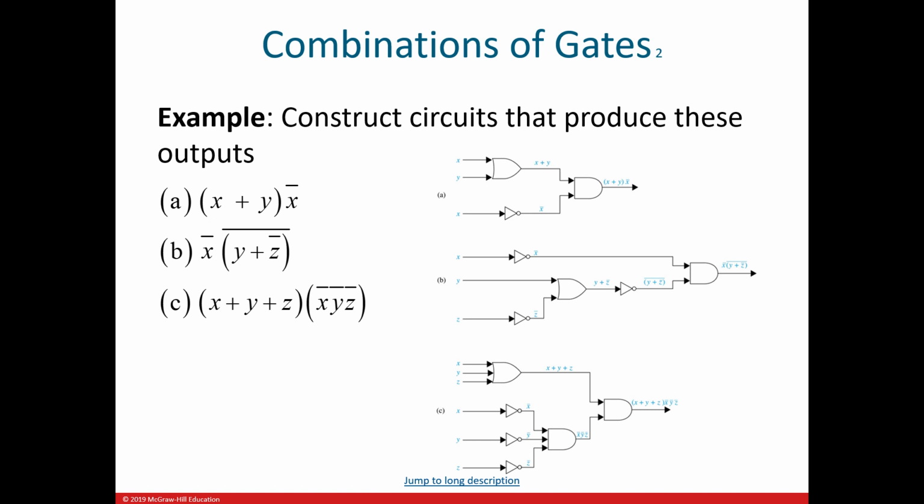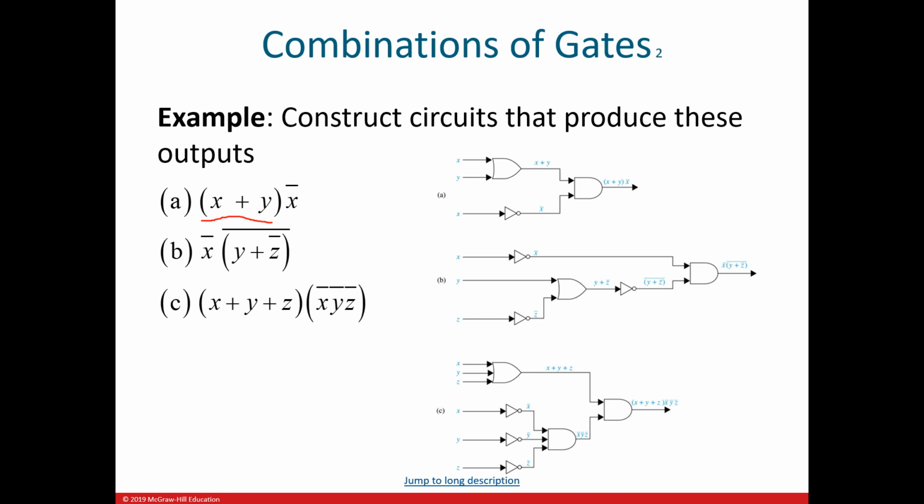You might have seen some examples where you have been given some expression and asked to produce the output using gates. So you can see that the first thing we want to do in this case is x sum y, or x or y.